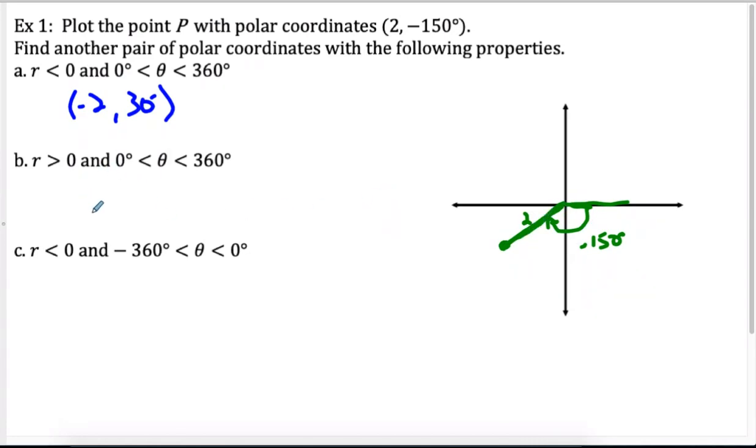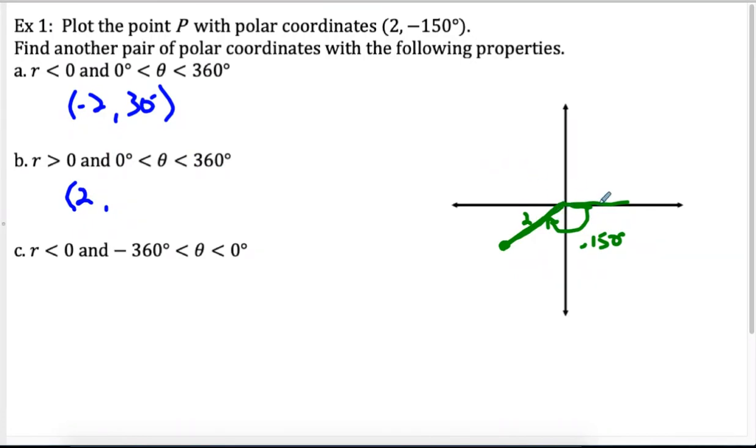Right? Now, the next one says, well, keep the r positive. So I'm still going to have an r of 2, but this time I want my angle to be between 0 and 360. So here we're thinking about a coterminal angle.